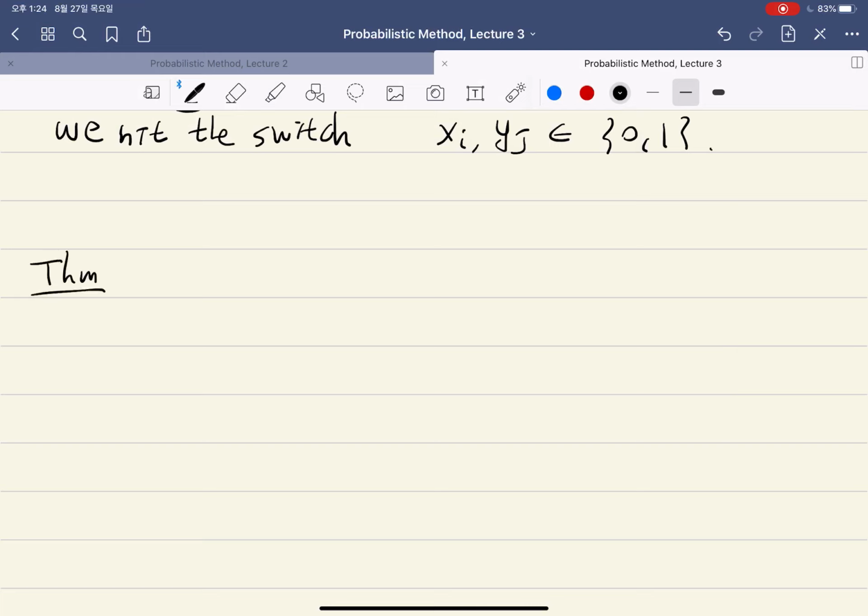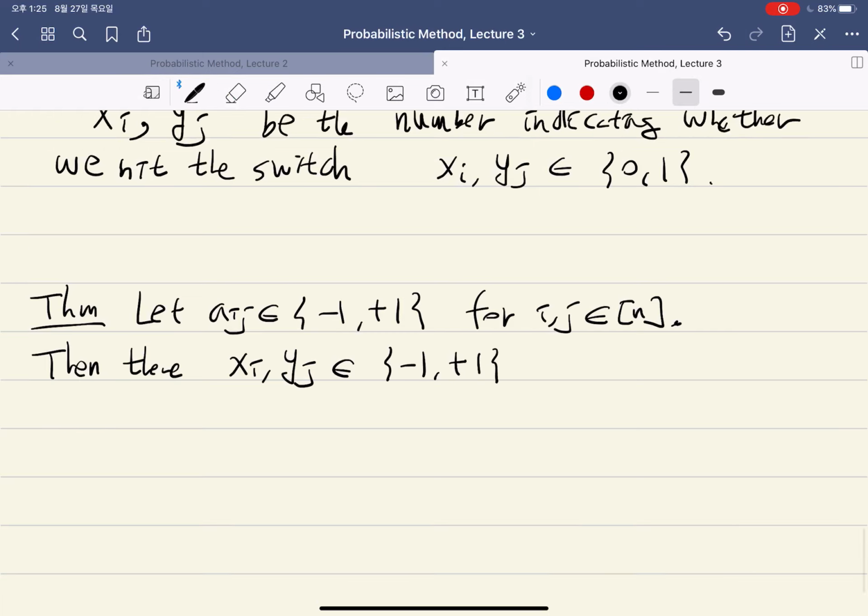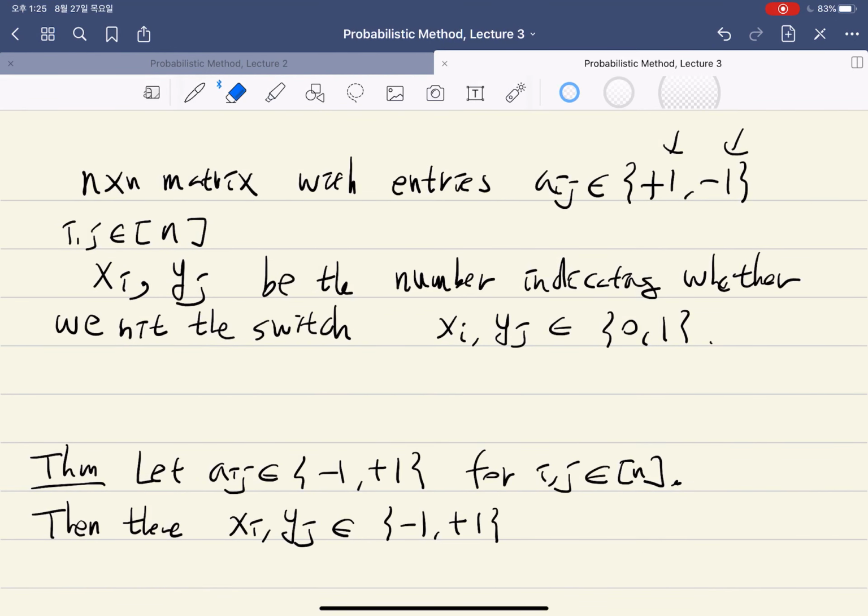Then the following theorem says that we can do at least this good. Recall that our goal is to turn as many lights on as possible. Then we can actually find x_i and y_j. Wait, sorry, let me correct myself. We want to multiply, so let's write it as 1 or negative 1.